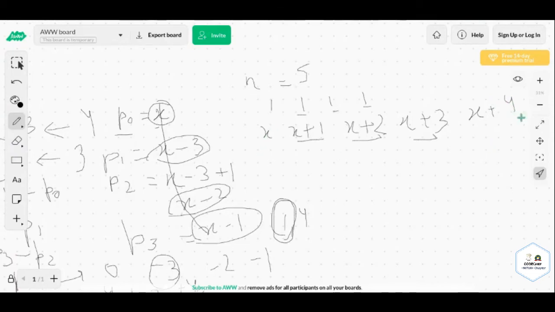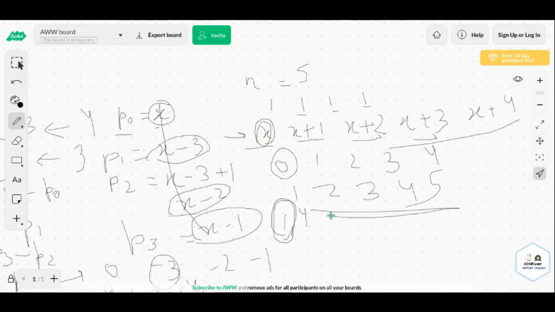We can drop the x from all, so it is 0, 1, 2, 3, and 4. Now the minimum number is 0 here, and we have to make it 1. So we add 1 to all of the elements, so it is 1, 2, 3, 4, and 5. In this way, the permutation is restored.